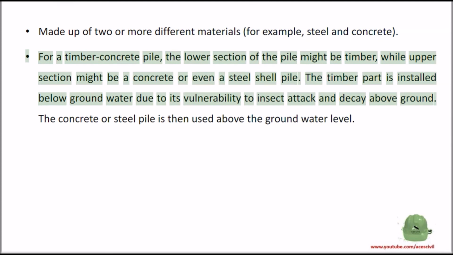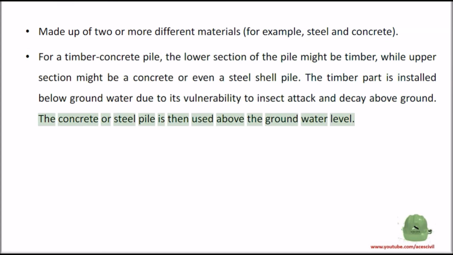For a timber concrete pile, the lower section of the pile might be timber, while upper section might be a concrete or even a steel shell pile. The timber part is installed below groundwater due to its vulnerability to insect attack and decay above ground. The concrete or steel pile is then used above the groundwater level.